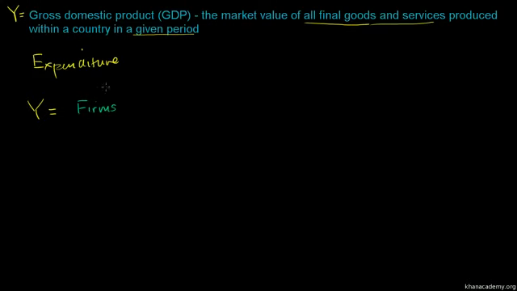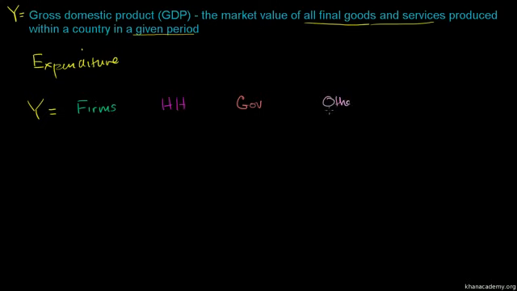You also have your households. They obviously could have spent some money on goods and services produced in this country. Then you also have, in most countries, in fact in all countries, the government. The government could have spent some of the money on the goods and services produced in this country. And if we assume that we're trading with other countries, there are other countries that might have spent money on goods and services.